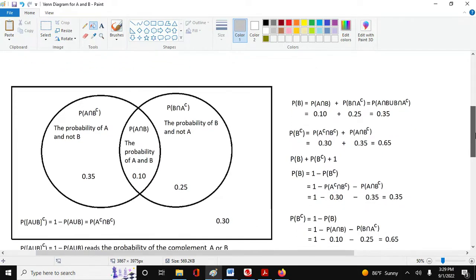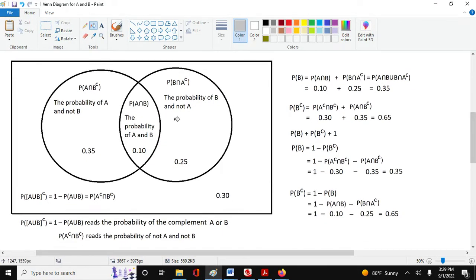So let's scroll down here. Find the probability B. The probability B equals probability of A and B plus probability of B and not A. Add these 2 together, we get 0.35. So how do we find B complement? Well, it's everything that's not gray, so here and here.